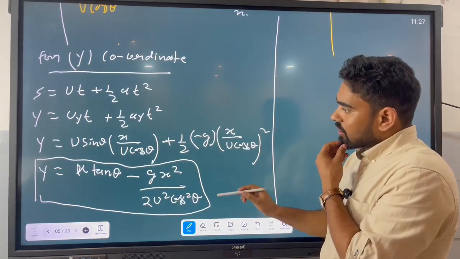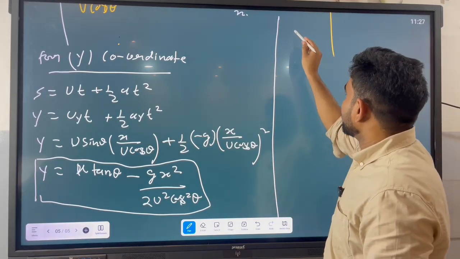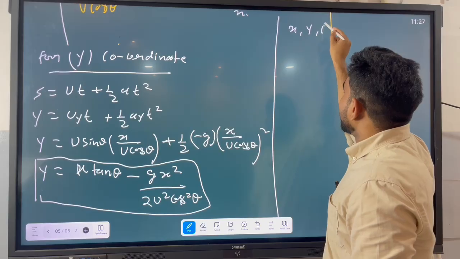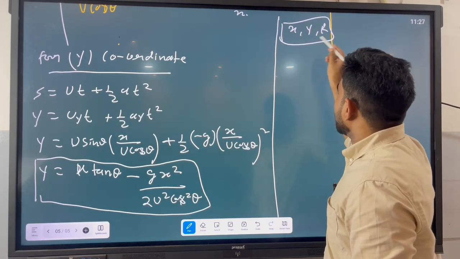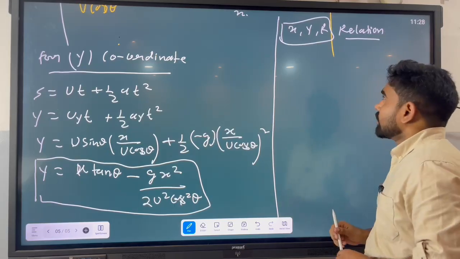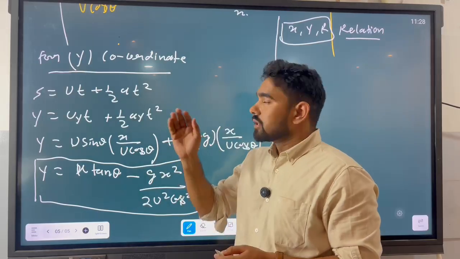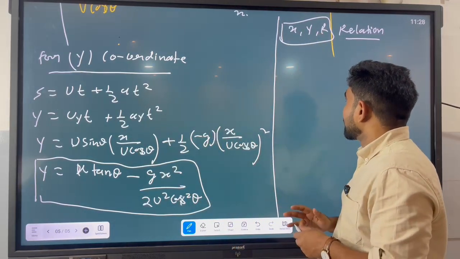And the most important logic: what is the relation between x, y and R? What is the basic relation?